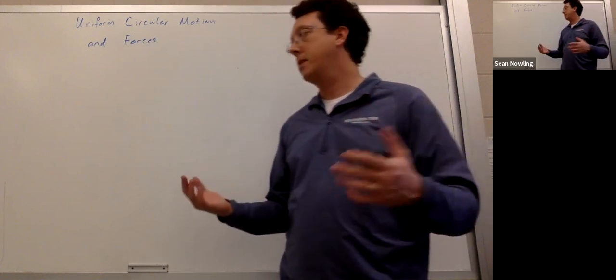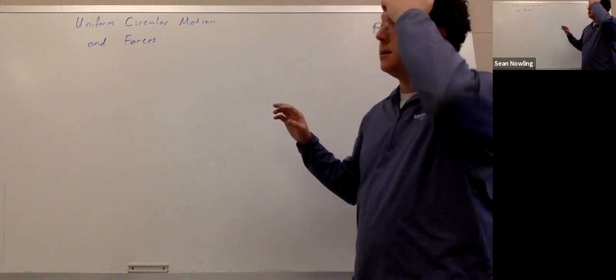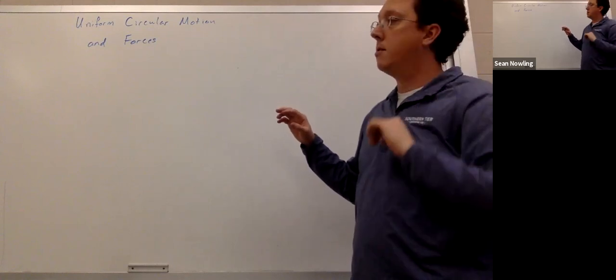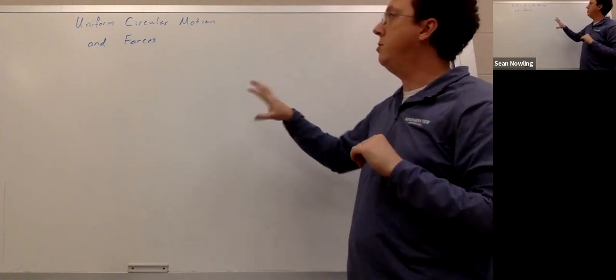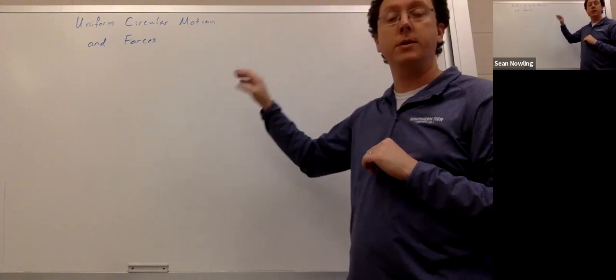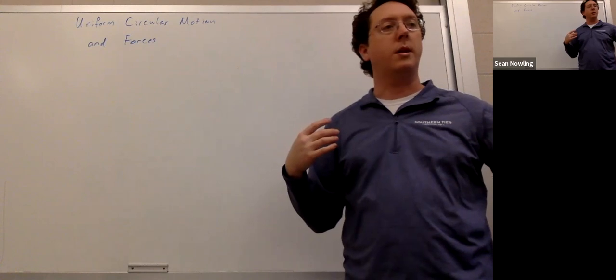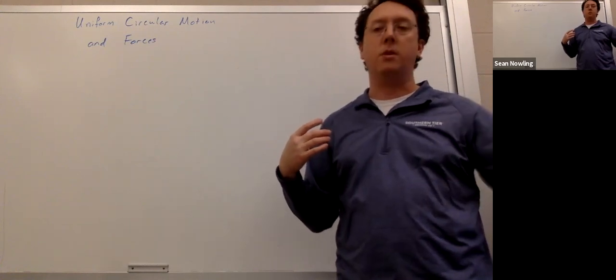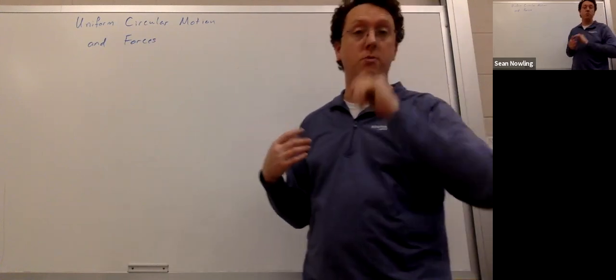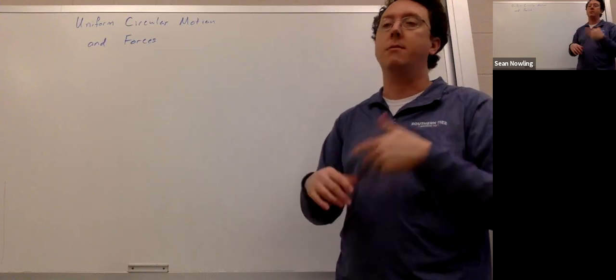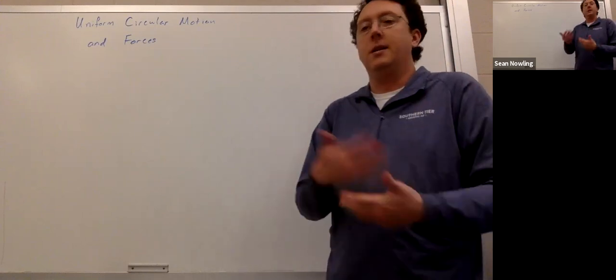So in today's class, we're going to use the second law quite frequently. And we're going to combine the second law with our knowledge of circular motion, namely the formula for centripetal acceleration. And we'll have varying levels of problems.